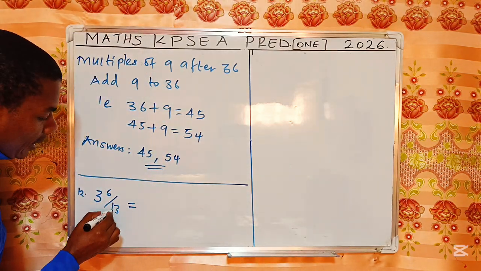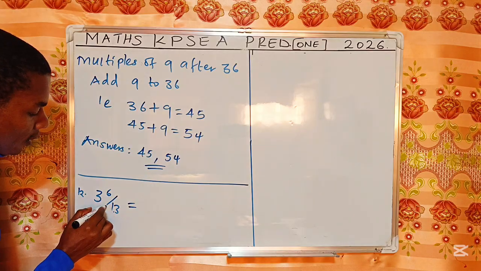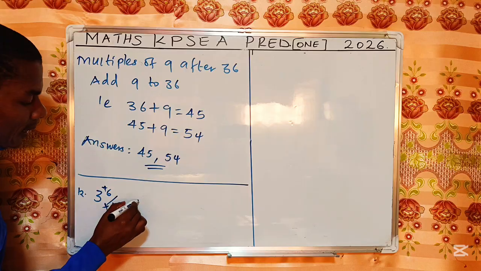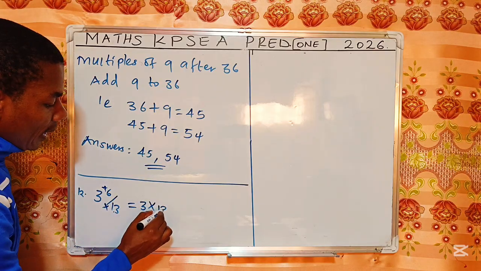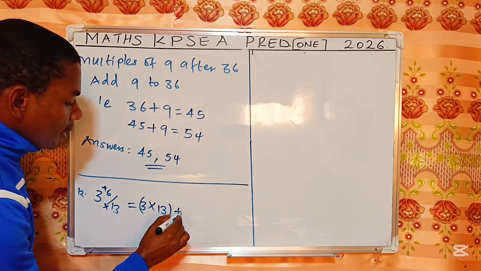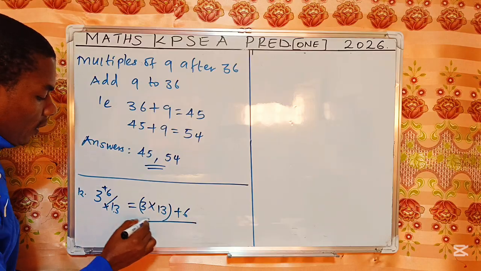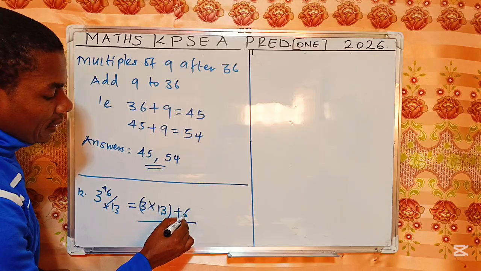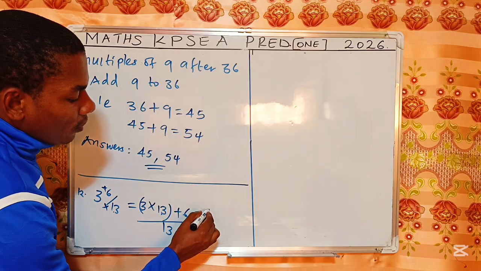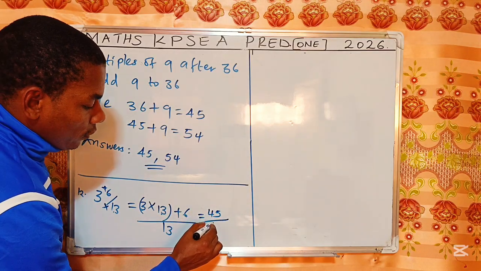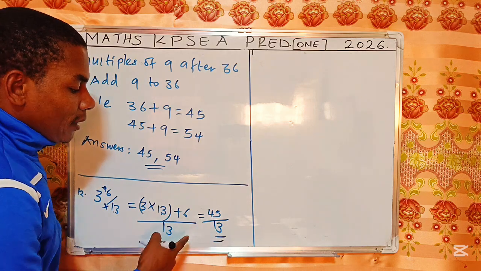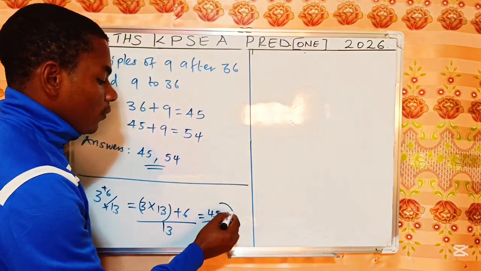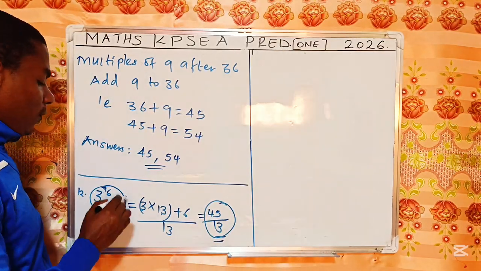You multiply, then plus. That is 3 times 13, then you add 6, all divided by 13. So 3 times 13 is 39. 39 plus 6 is 45 out of 13. So the answer is 45/13.